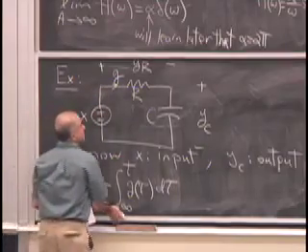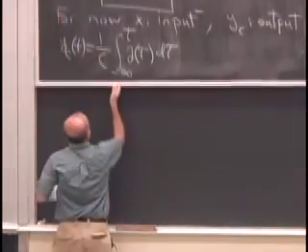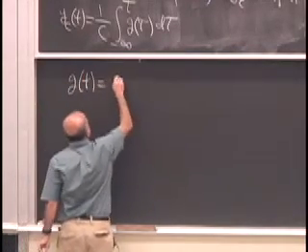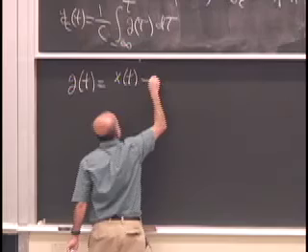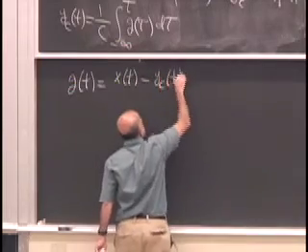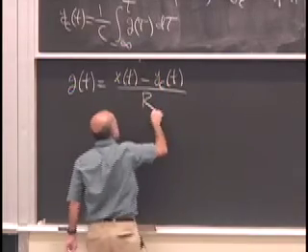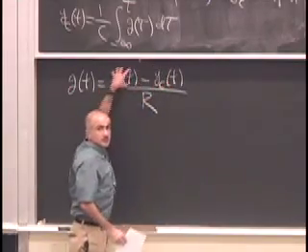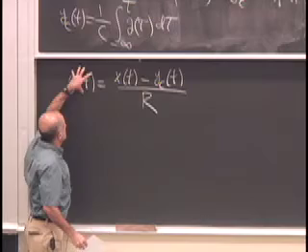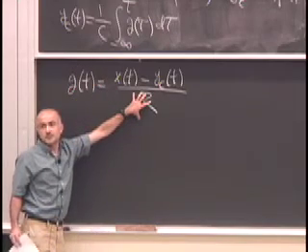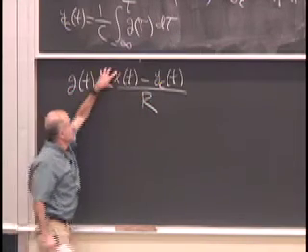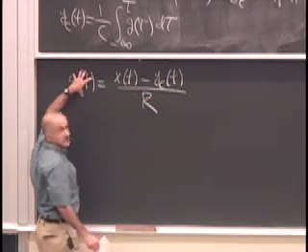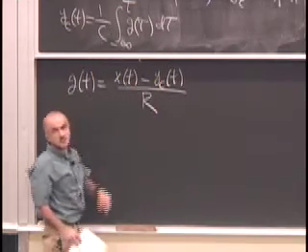So let's write that. G of t is X of t minus YC of t divided by R. Or in other words, voltage is current times the resistance. Voltage across the resistor is the current through the resistor times the resistance.